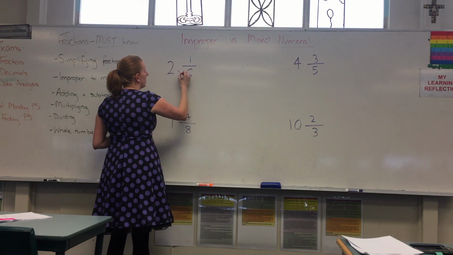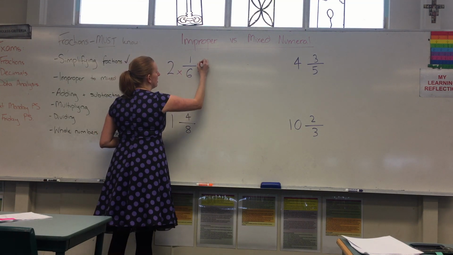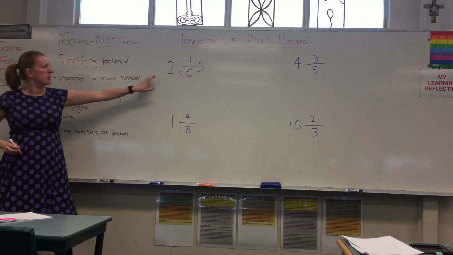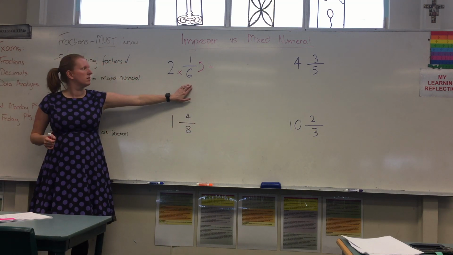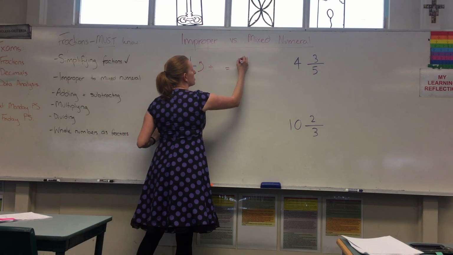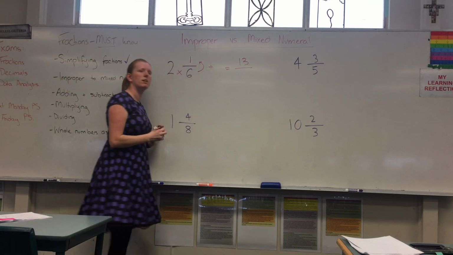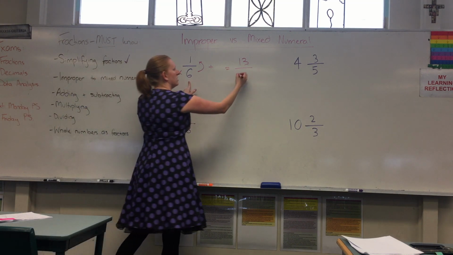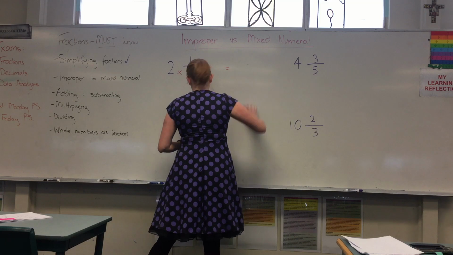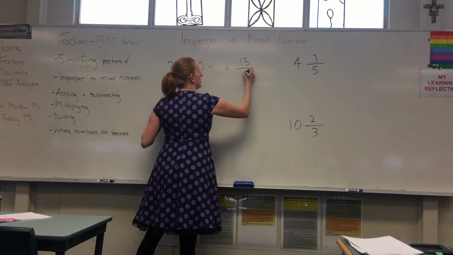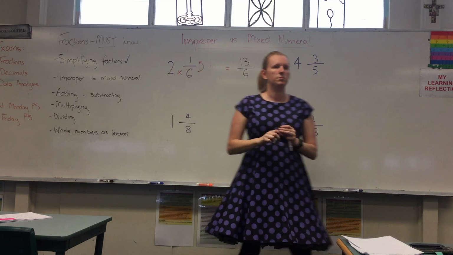So first I multiply these, and then I add this one. So 2 times 6 is 12, plus 1 equals 13. And what am I going to put it over? 6. Great. I put it over whatever my denominator is. Let's do black. So 13 over 6.